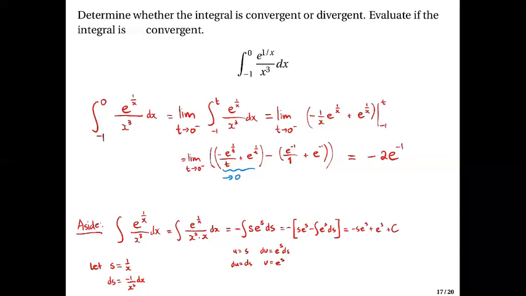Or you can write this as negative 2 over e. So either this one or this one. So this integral is convergent. Questions?